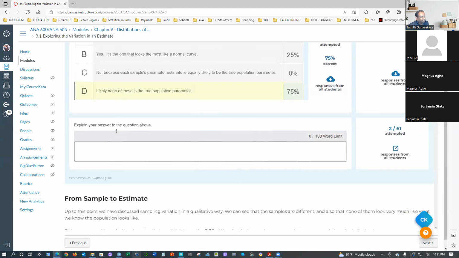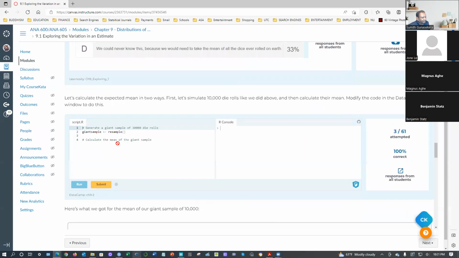I can do this one. Let's go to this giant sample. Resample, sorry, 1,000, 100,000. Not the 24. This one, then we run 1,000.